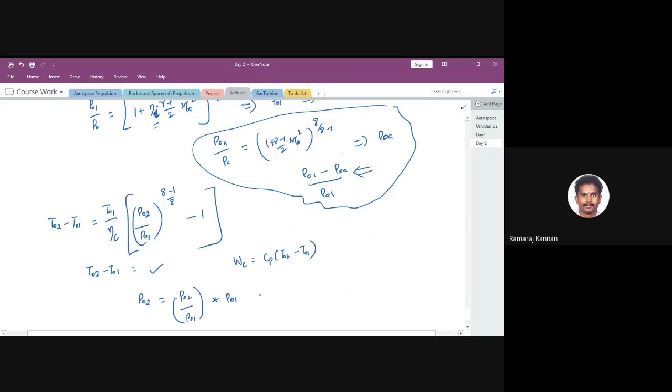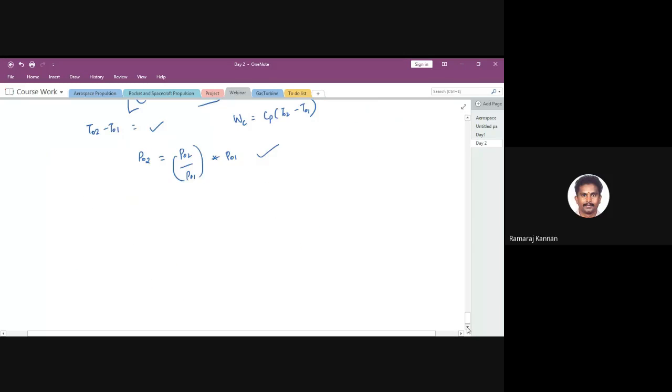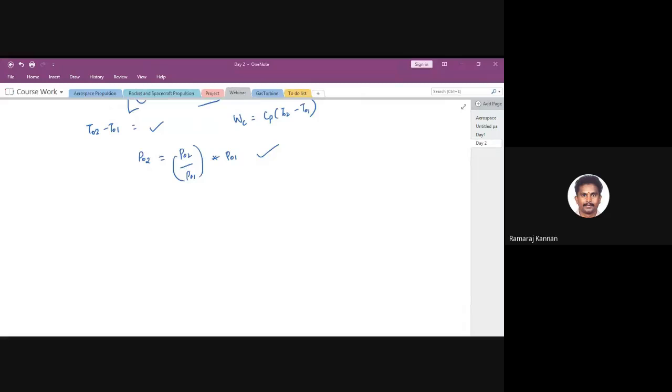Already we know the P01, so we can calculate it. Even we can calculate your T02 also. T02 is equal to T01 plus (T02 minus T01). Already we know that, so we can calculate that.